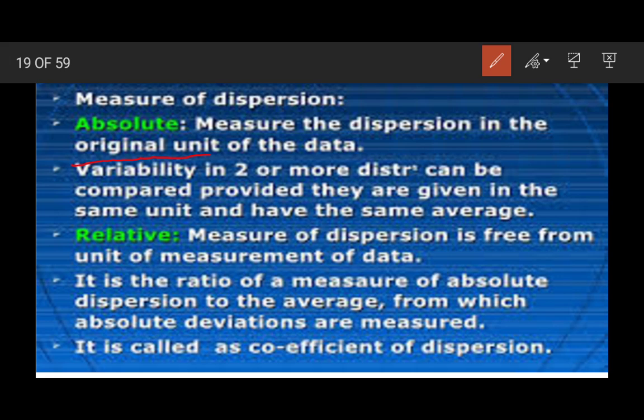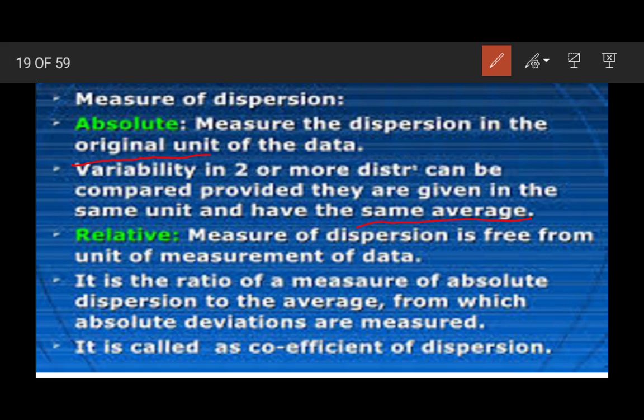Variability in two or more distributions can be compared provided they are given in the same unit and have the same average. If two or more distributions have the same unit and the same average, then only their variability can be compared by using the absolute measures of dispersion.